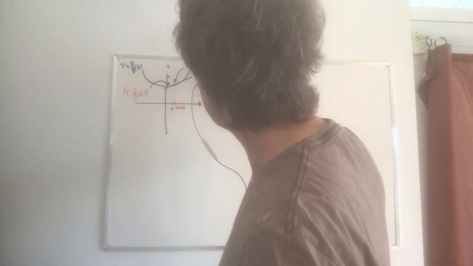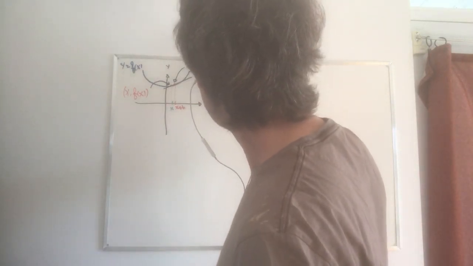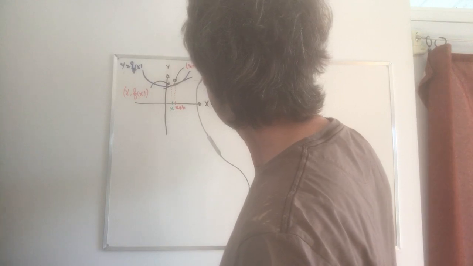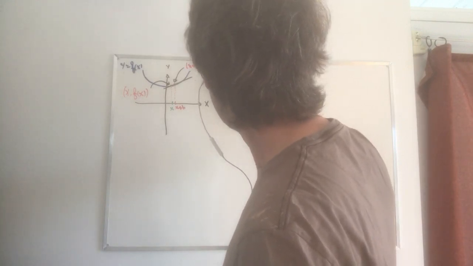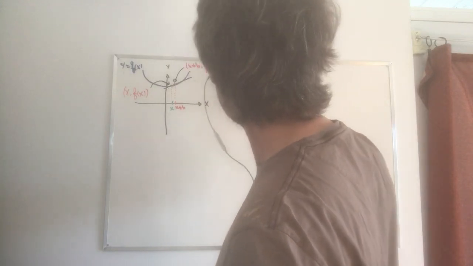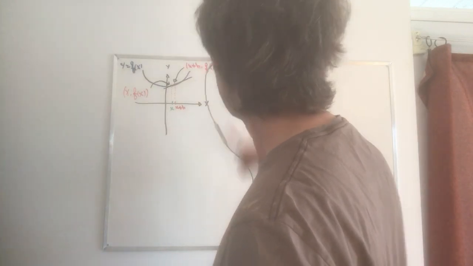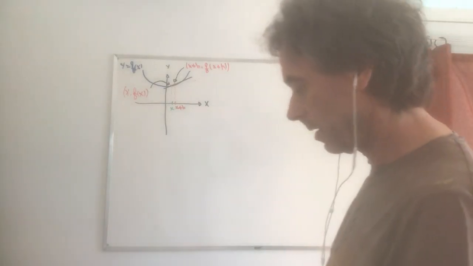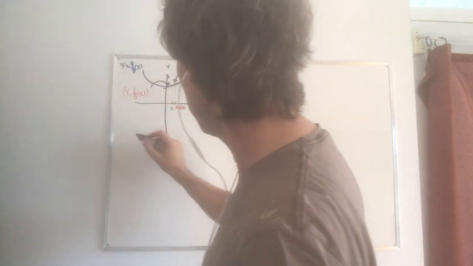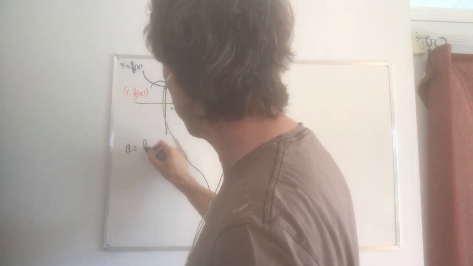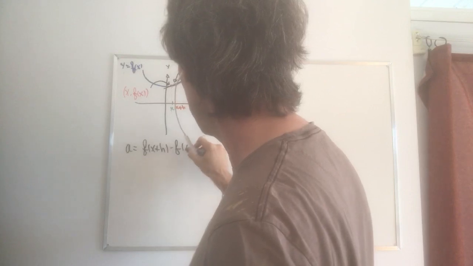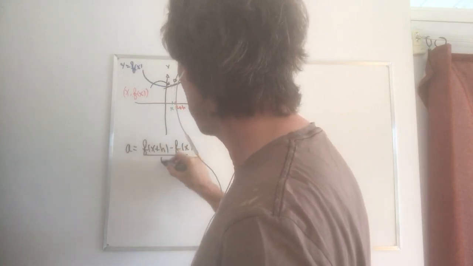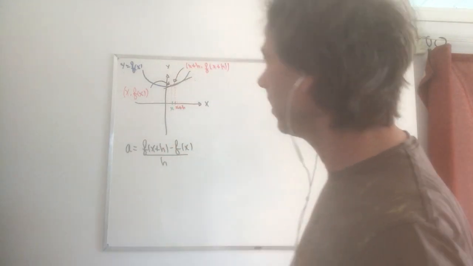It is x plus h, comma, f of x plus h. And the slope of this black line has been found to be f of x plus h minus f of x over h. Okay, good. So we have the last graph from the previous whiteboard.